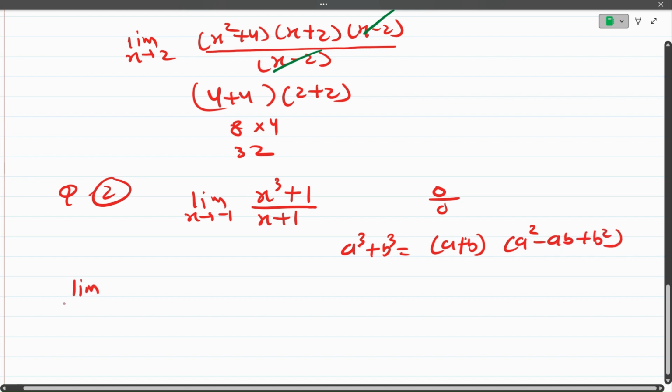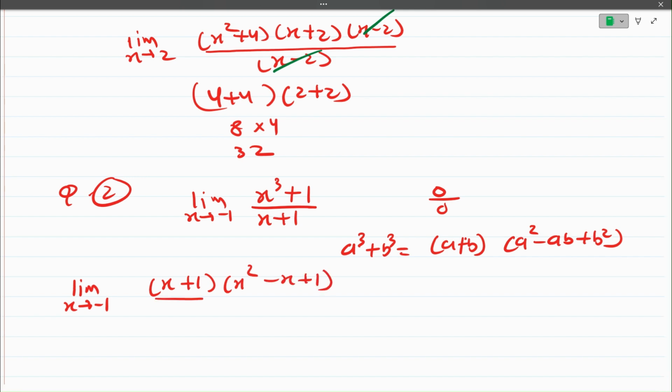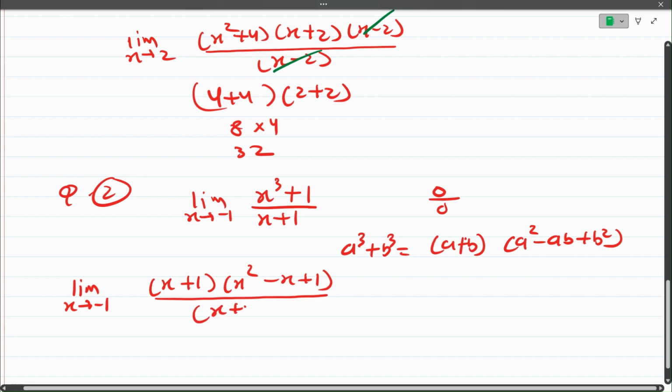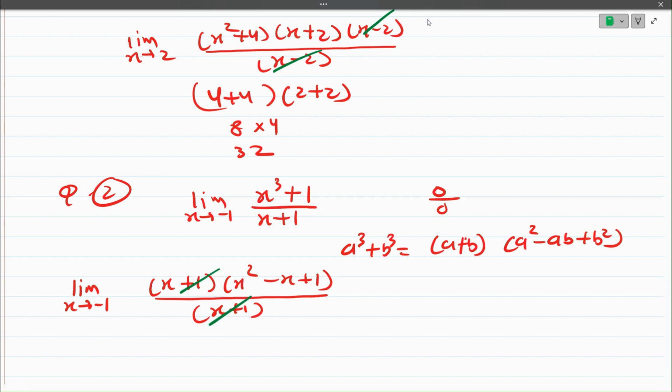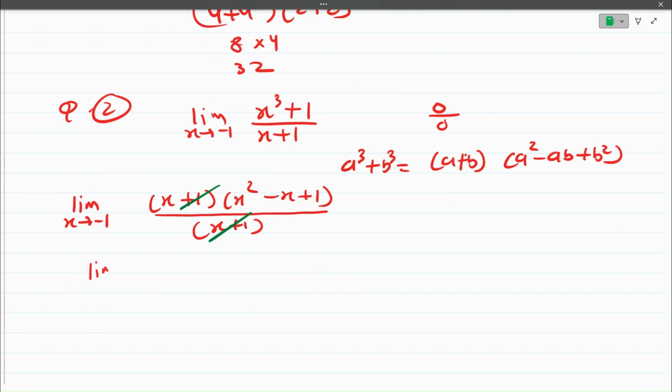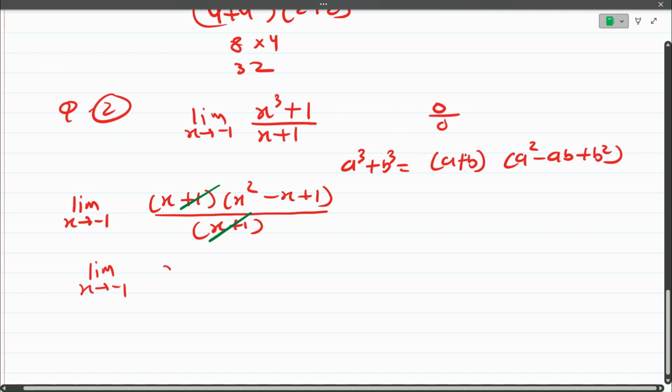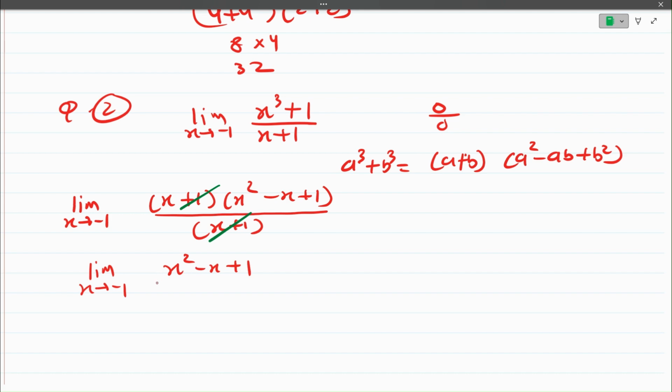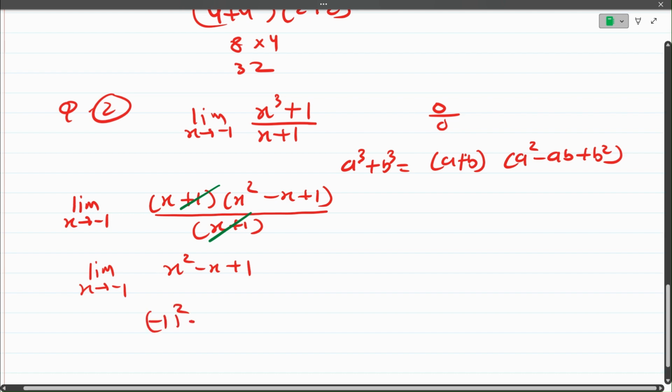So that's limit x tends to negative 1, x plus 1, x squared minus x plus 1 over x plus 1. We can cancel out x plus 1 and we get limit x tends to negative 1, x squared minus x plus 1. Now we can directly substitute the value of x. It's negative 1 squared minus negative 1 plus 1, which is 1 plus 1 plus 1, and the answer is 3.